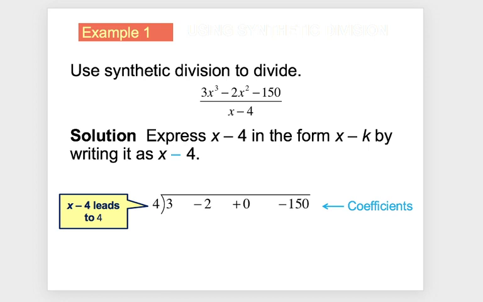So, if we go down here, I'm going to rewrite the polynomial that we're looking at. So I'm just rewriting it. Okay. So, we can easily say that 3x cubed minus 2x squared plus 0x.